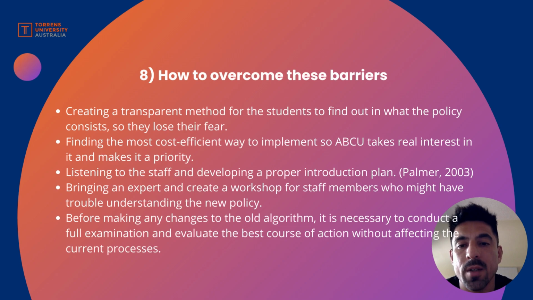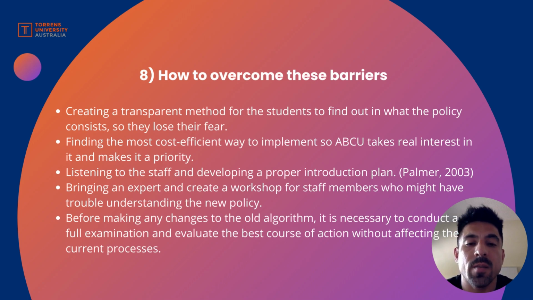How to overcome these barriers? By creating a transparent method for students to find out about the policy, what it is and what it consists of, so they're not afraid anymore. Finding the most cost efficient way to implement, so ABCU takes a real interest and makes it a priority.